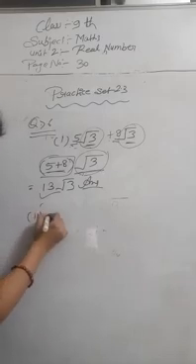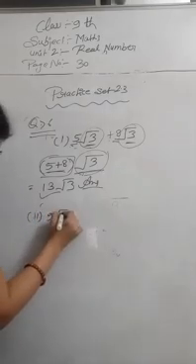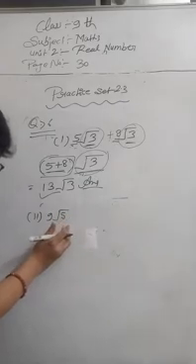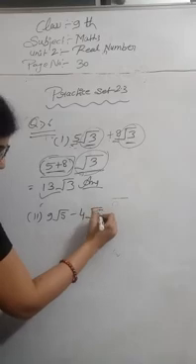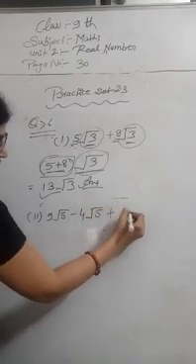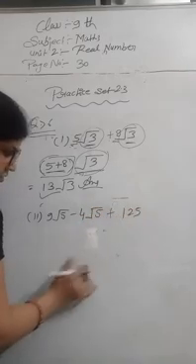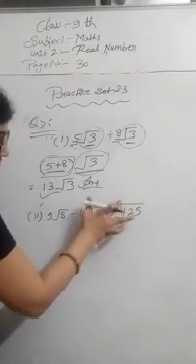second one. Okay, 9 root 5 minus 4 root 5 plus root 125.